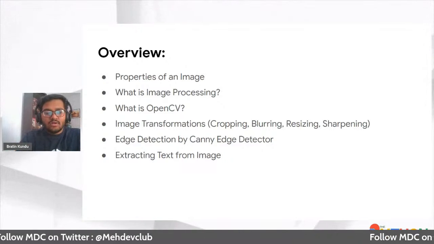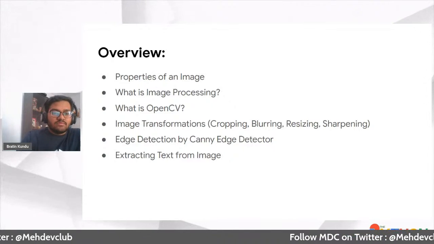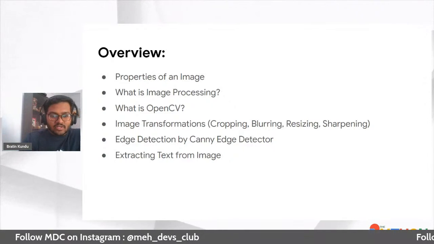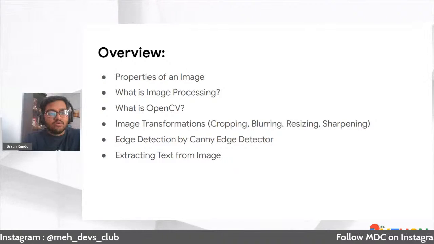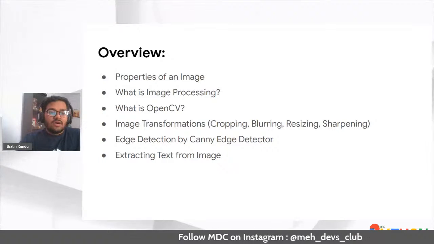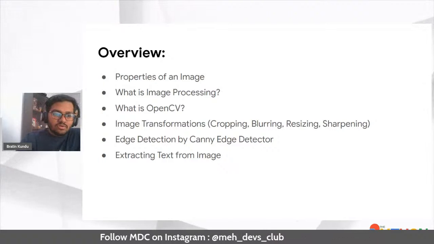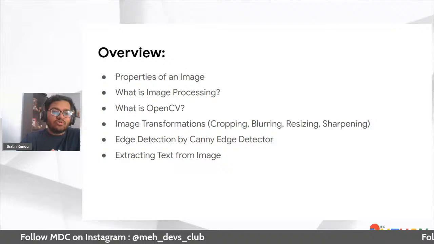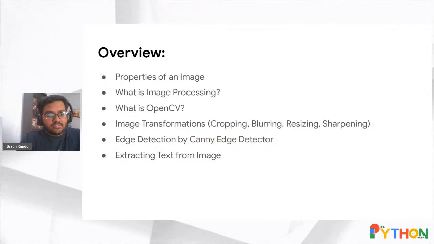We'll be looking at the Canny Edge detector algorithm, how it works, and how you can use it. We will also be doing hands-on for that. Lastly, we will also look at how you can extract text from the image. If there is any text in the image, then how you can read it, how you can modify it, or how you can interpret it. So all these things will be covered.